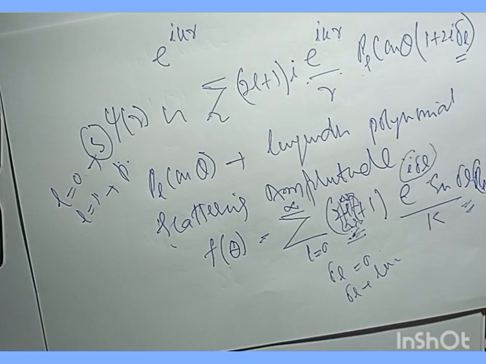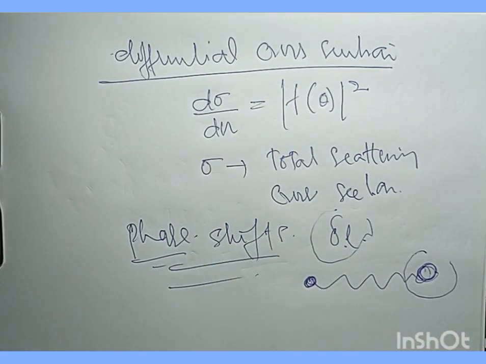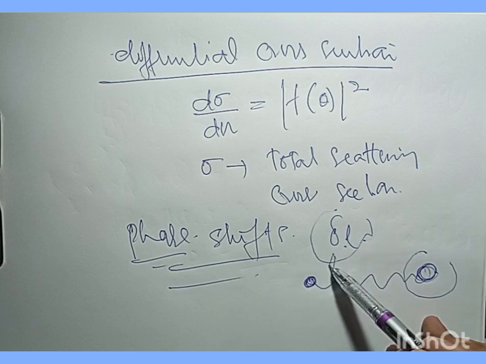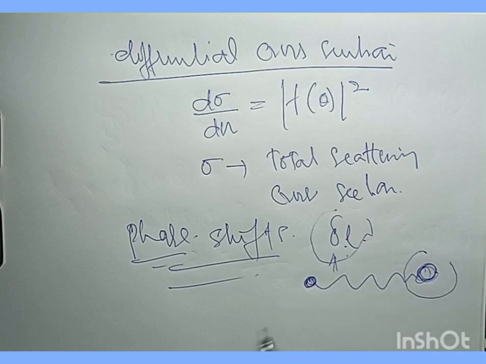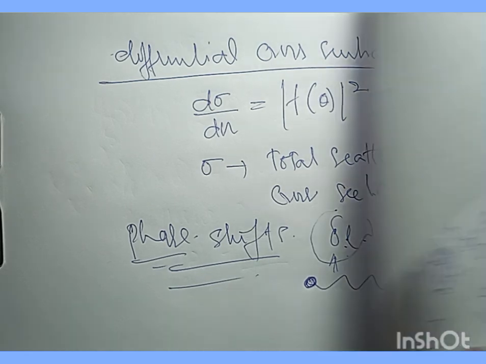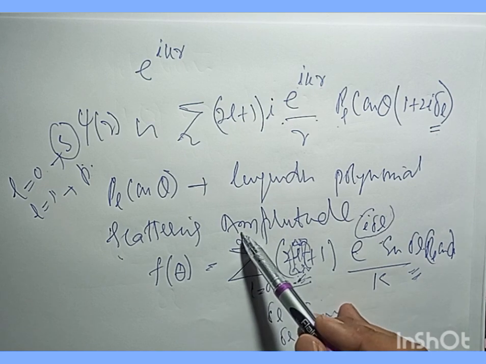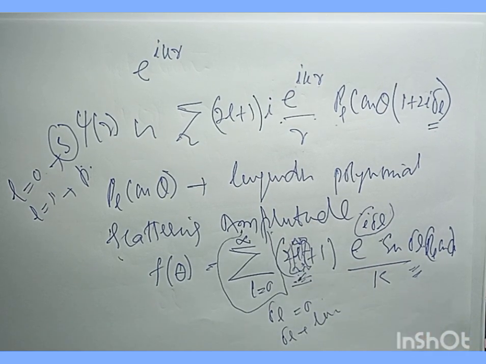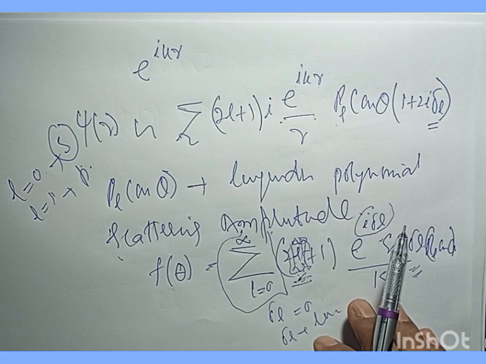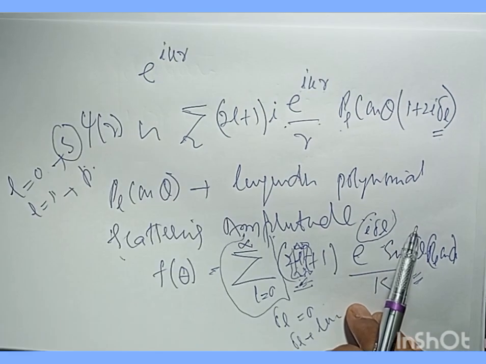Once we are able to measure the scattering amplitude, we can easily measure the differential cross section, and we tried to interpret the physical significance of this delta L. What is important here is that we sum over partial waves to get the total scattering amplitude. Because we are calculating the total scattering amplitude, we introduced the sigma, which takes care of summing up all the partial waves under consideration. And this is how it goes.